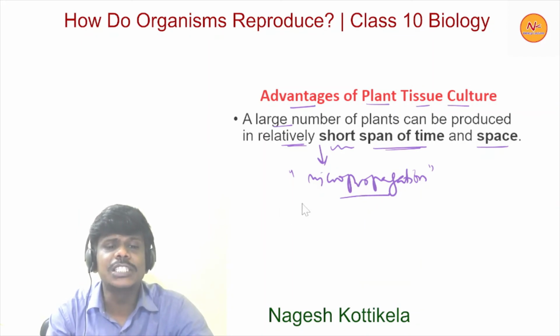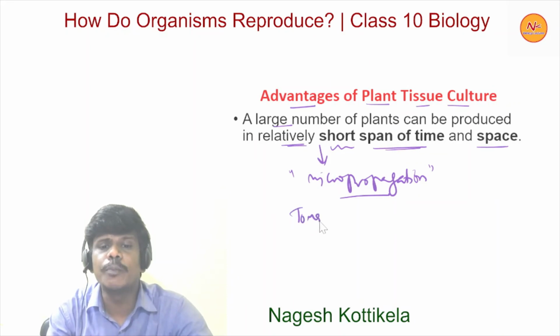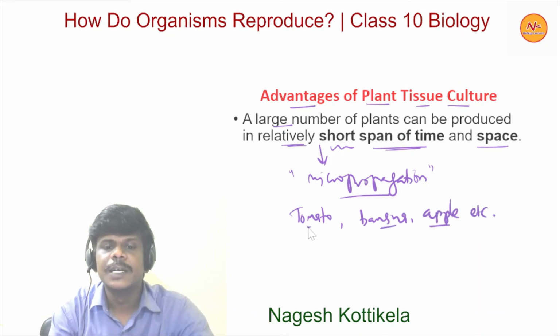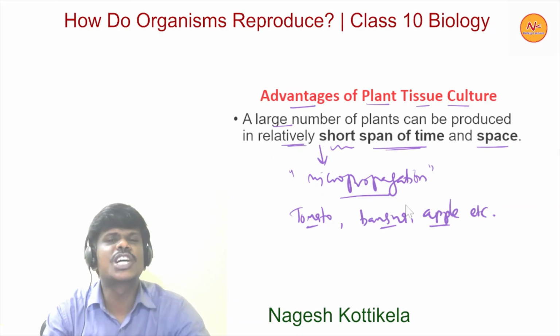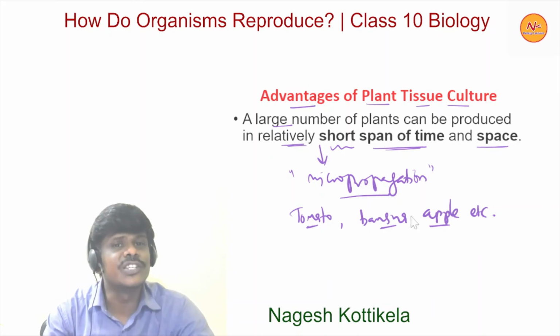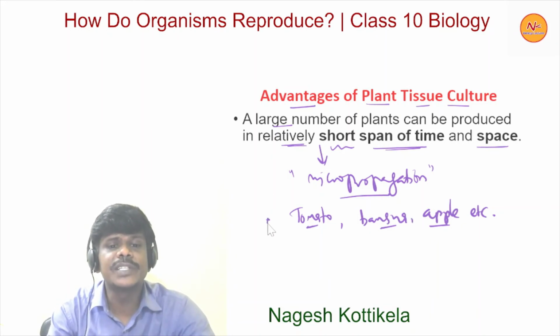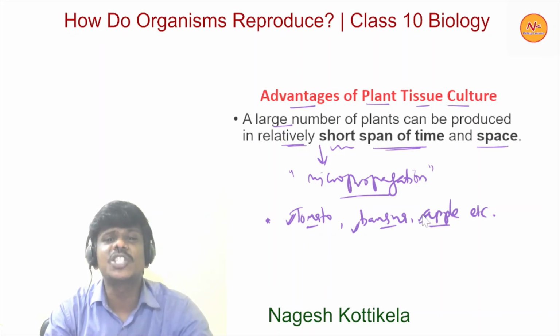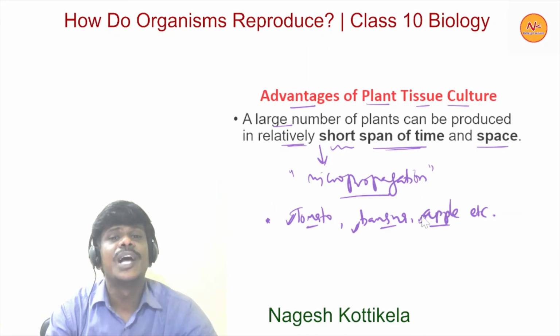Many important plants like tomato, banana, apple, etc. have been produced on a commercial scale using this method.